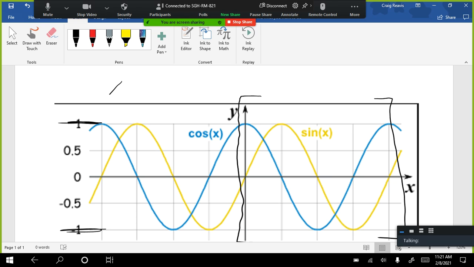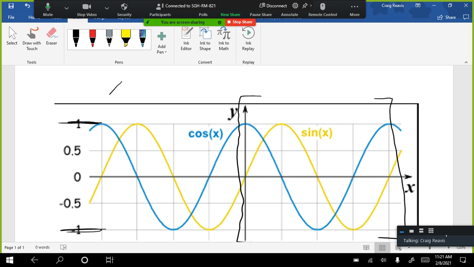Now, as we graph a sine and cosine curve, there are 5 major points that we want to talk about, and those are the points that I had you write down the other day on the back of your unit circle. Whenever we're graphing a sine and a cosine, we want to find these 5 key points. So let's just look at this blue cosine.